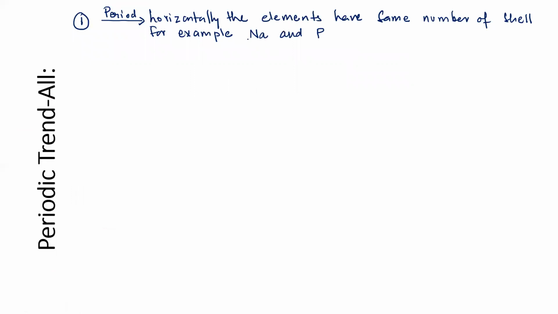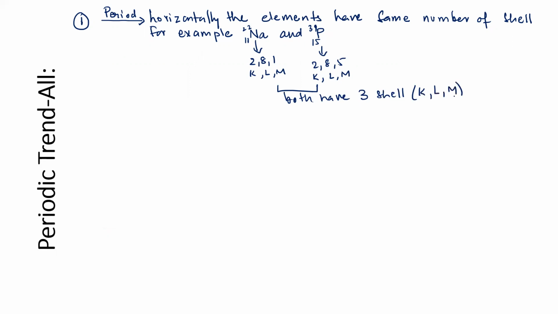Sometimes the mass number varies there. So technically, sodium is 2, 8, 1, so K, L, M. And phosphorus is 2, 8, 5, again K, L, M. So they both have 3 shells, K, L, M. Hence, they belong to the third period, or period 3.